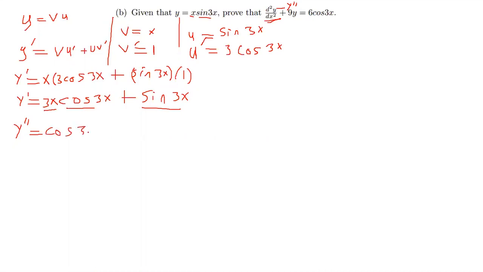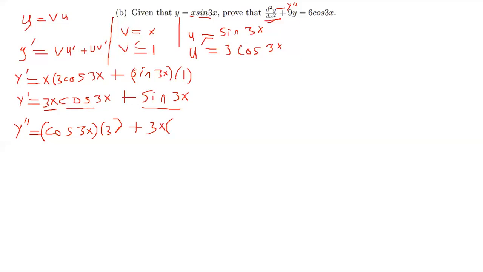So I'll first write my v, which is cos 3x, and then I'm going to multiply it with u prime. When I differentiate 3x, I'm just going to get 3, and then plus my u, which is 3x, multiplied by v prime.